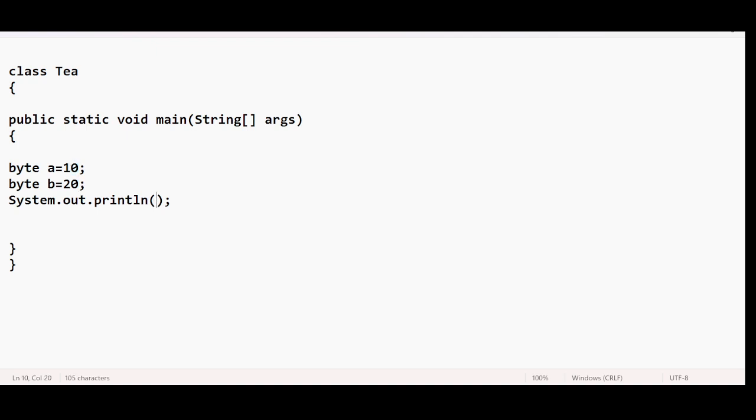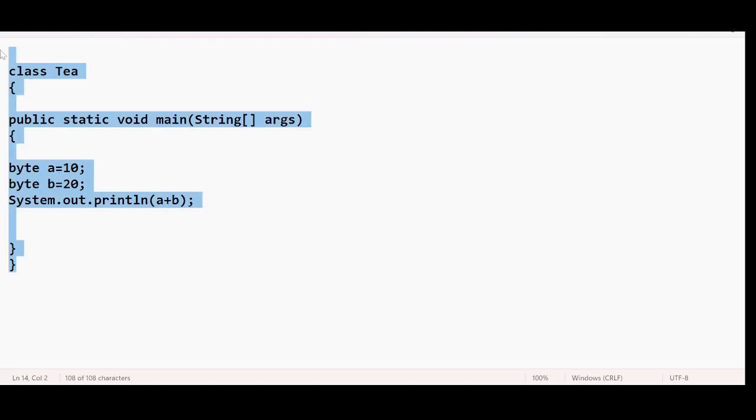I am trying to evaluate, to perform the addition operation for these two data. One is 10, second one is 20. For that, I am just using these identifiers, and I am using an operator, the plus operator.